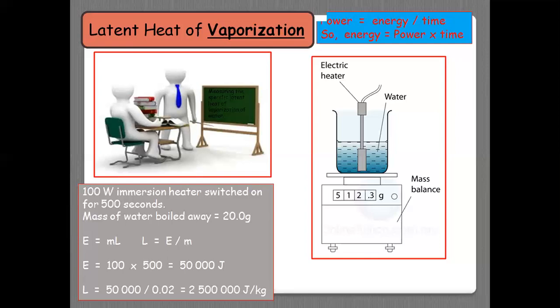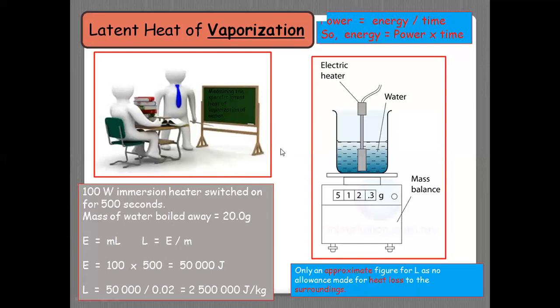So this is the latent heat of vaporization calculated in this practical experiment. As we said before, this is only an approximate figure for L, as no allowance is made for heat loss to the surroundings.